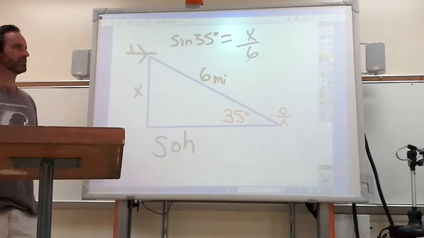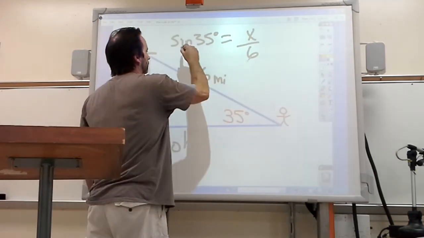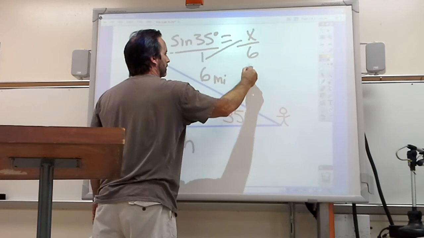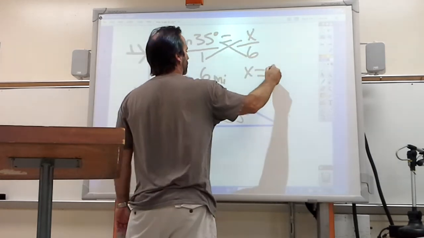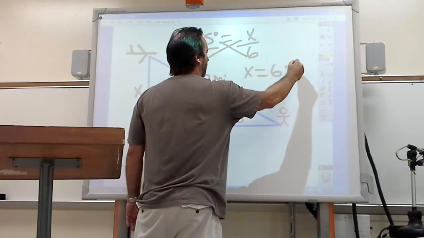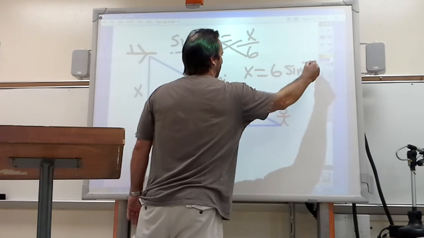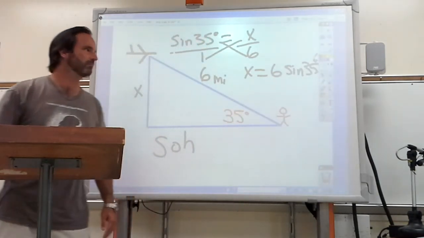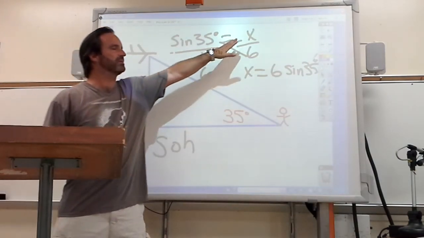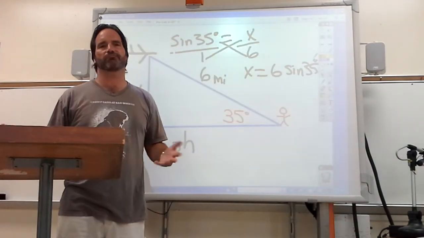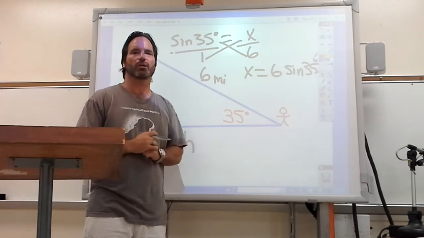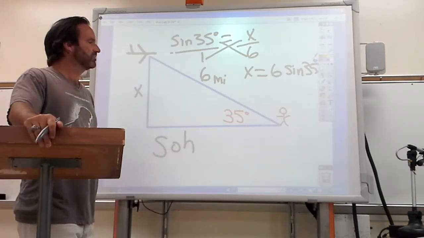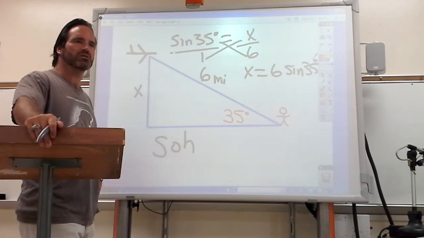Again, if we do a cross product, x equals 6 sine of 35 degrees. So when your variable's up top, it's much easier. It's easier math. It's one less step. So those are the 3 ways we can solve problems.